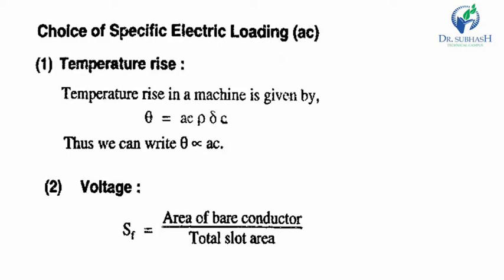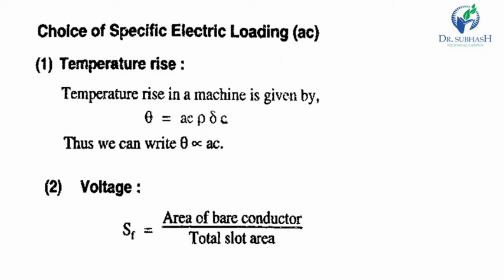If we need a high value of insulation, the space required for the insulation is higher, so the space available for the conductor in a slot is less. From this equation, the space factor value will be poor.